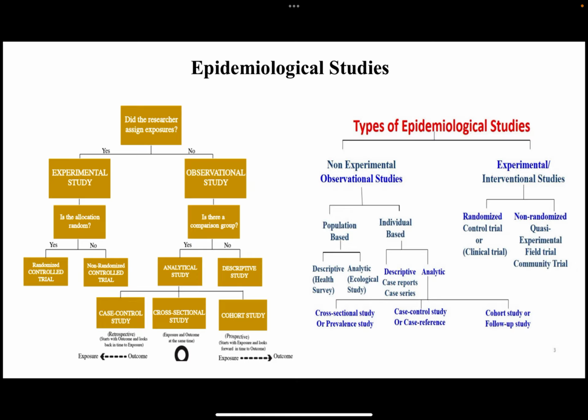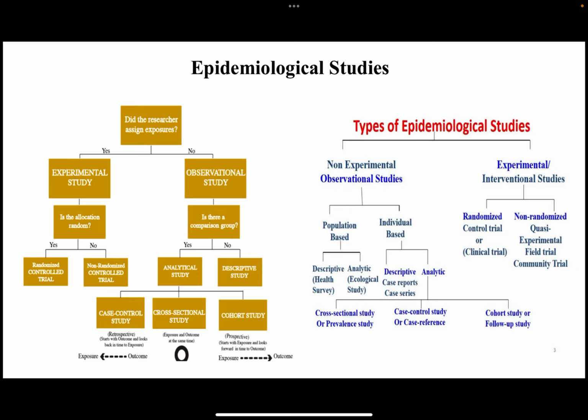Then you can have a cohort study, or what we call a follow-up study. Sometimes you can also call it prospective study. Good. Now with the cohort study, you start with the exposure. So some people are exposed to certain risk factors. You can select all those people, then you monitor them and see what will happen to them, the diseases or outcomes they will develop in the future.